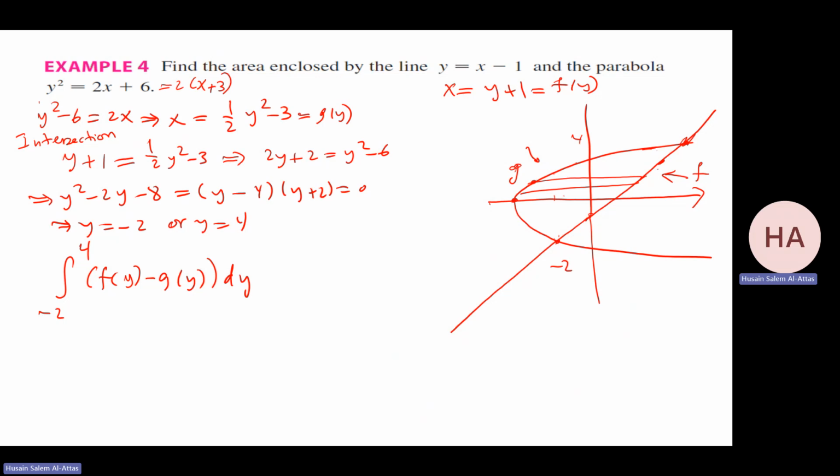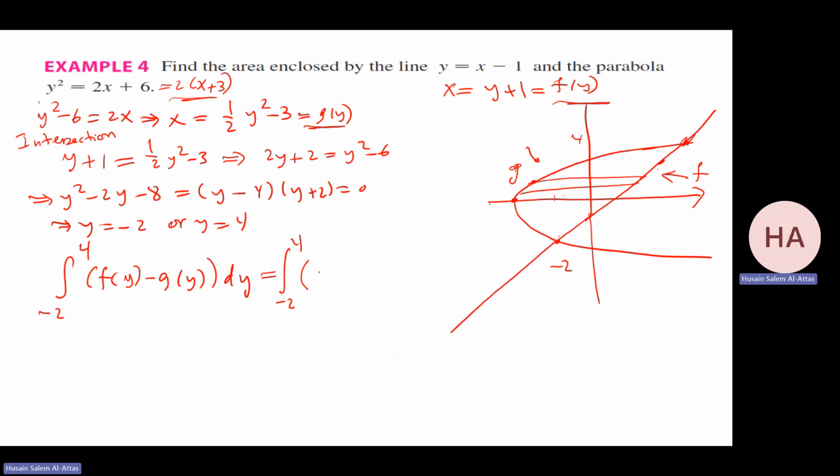So I'm dealing with it in terms of y, not in terms of x. These are functions of y, so now just plug them in, minus 2 to 4.